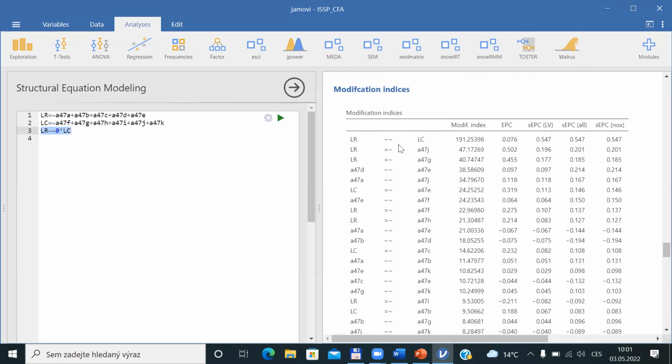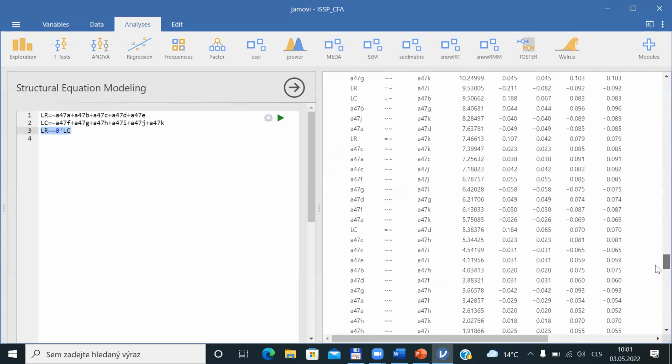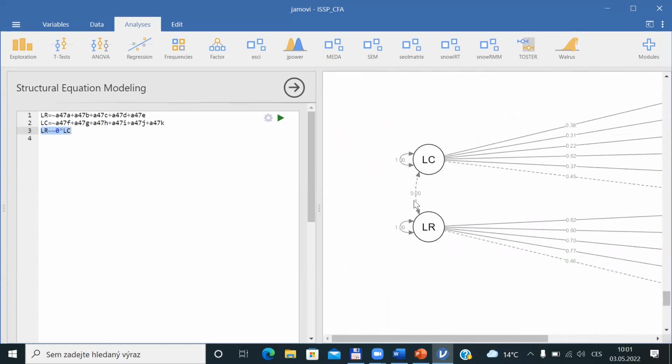So if you add this correlation or covariance, as you can see the double tildes here, your chi-square would decrease by nearly 200 units. So once again, if I go back to my current chi-square test, which is approximately 450, it would decrease by approximately 200 units if I would add only a relationship for these two dimensions.